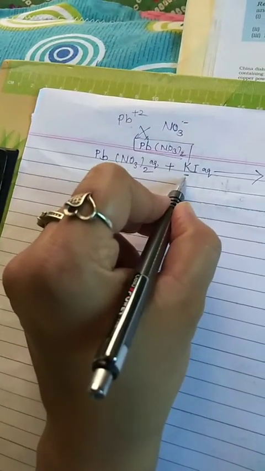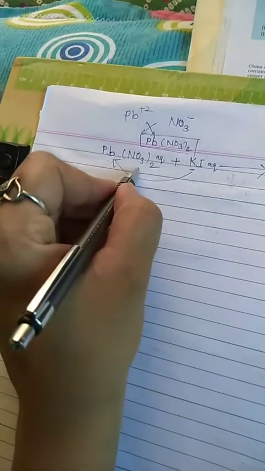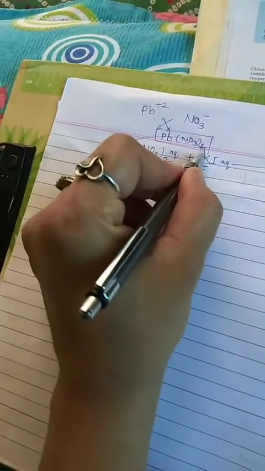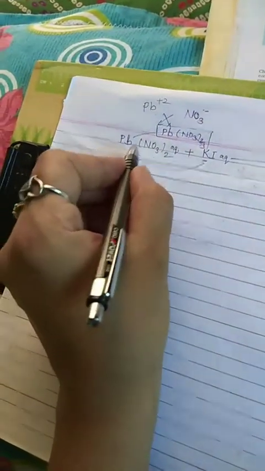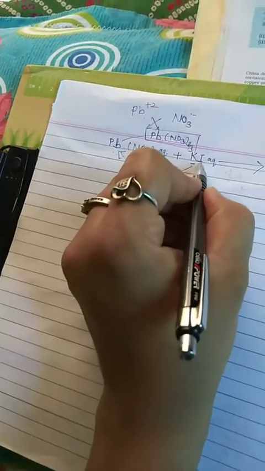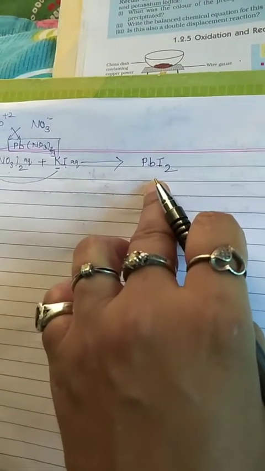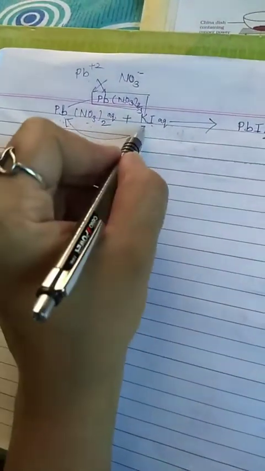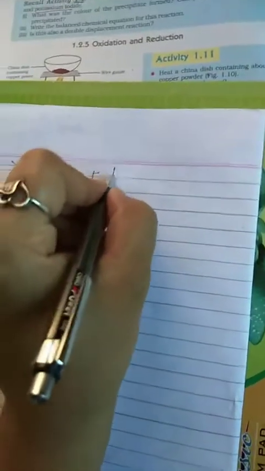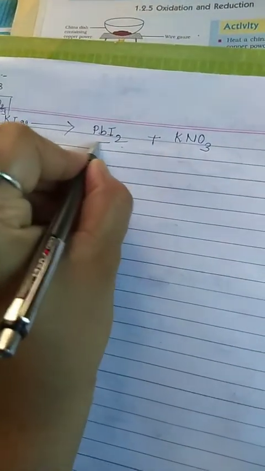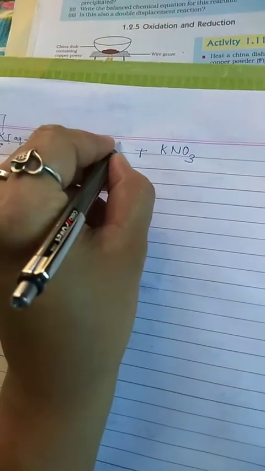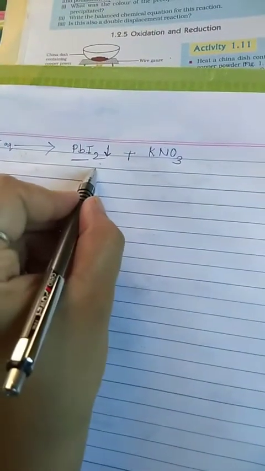So potassium replaces the lead from its solution, and lead moves toward iodine and forms PbI2, lead iodide, plus potassium nitrate, KNO3.